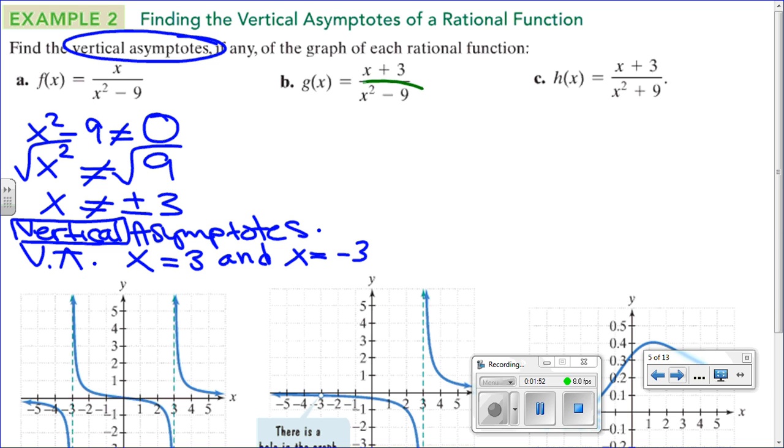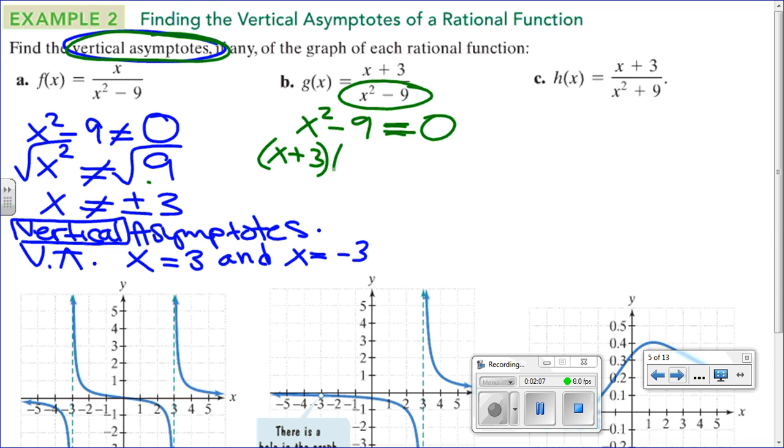Same thing for this one. If we take x squared minus 9, in this case I'm saying 0 because I'm finding the vertical asymptotes. We could solve it the same way we did here, or we could factor: x plus 3, x minus 3 equals 0. Then we will have x plus 3 equals 0, and x minus 3 equals 0.